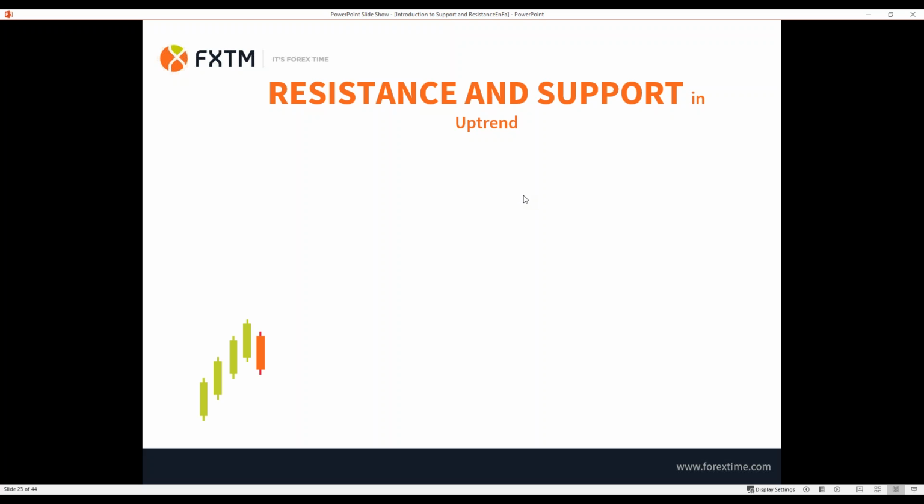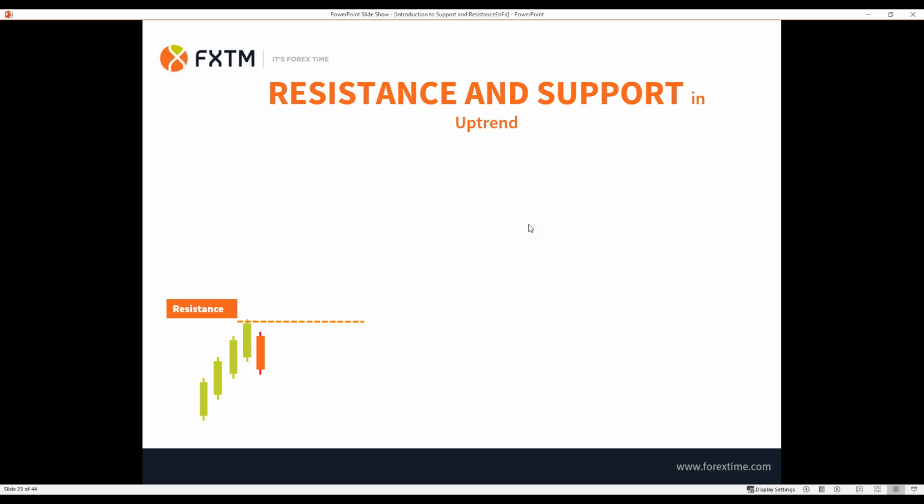So let's take a look at resistance and support in an uptrend. What do you see here? It's a top. And of course, it's a resistance. Guys, this is very important to understand.